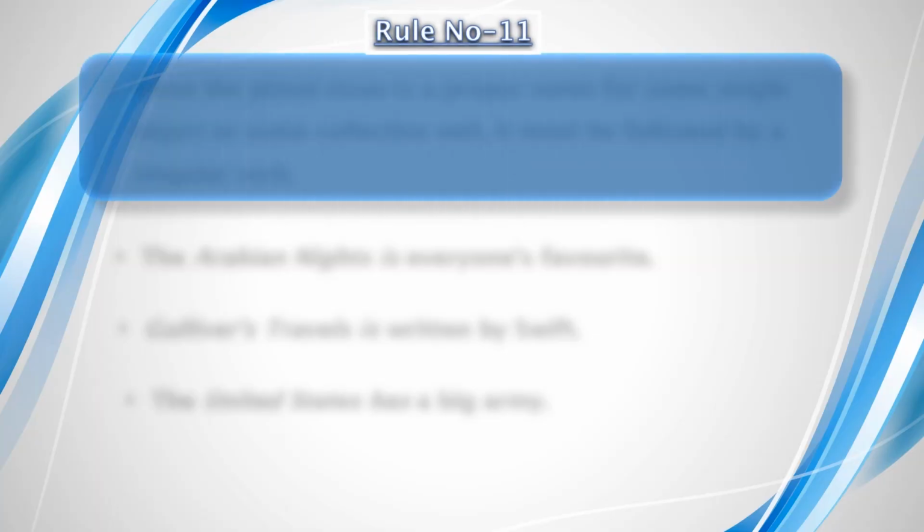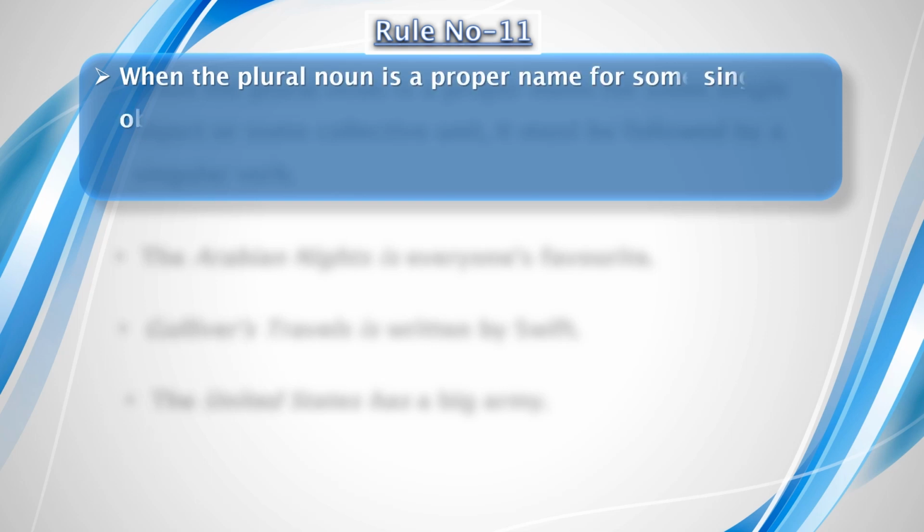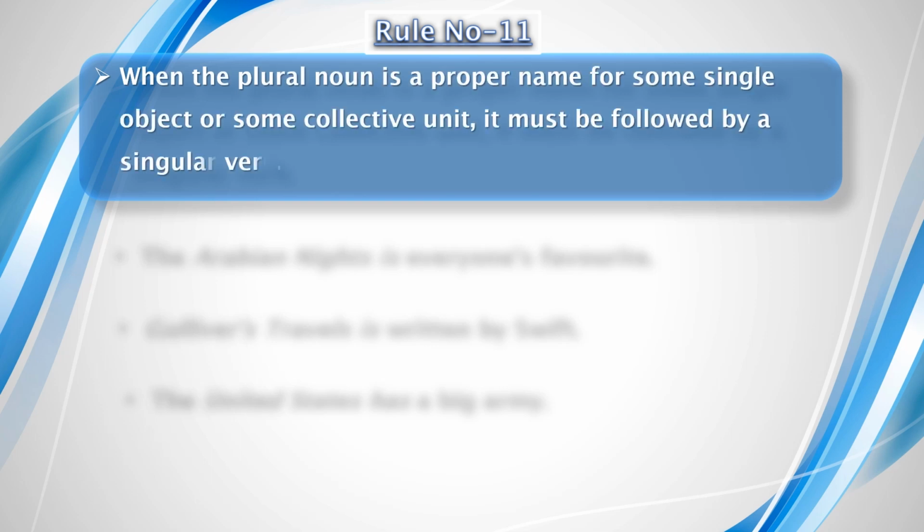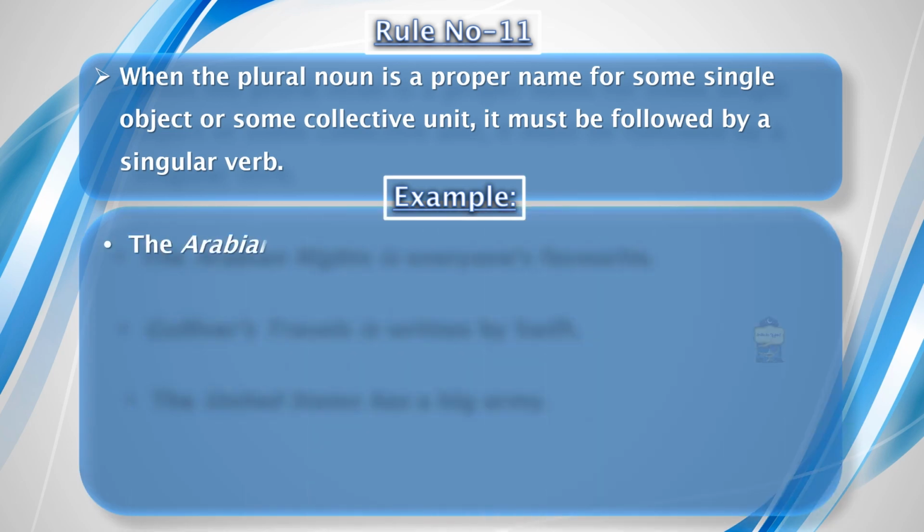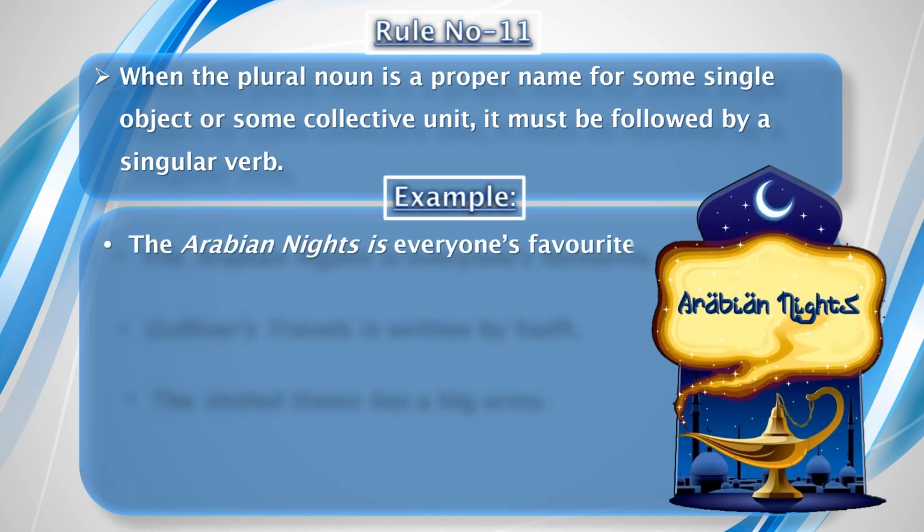So now come to another rule. Sometimes a plural noun is the proper name of some single object, then also the verb will be singular because it is the name of a single subject. You see, the Arabian Nights is everyone's favorite. So why is? Though it is nights, it represents a single object, a single book.